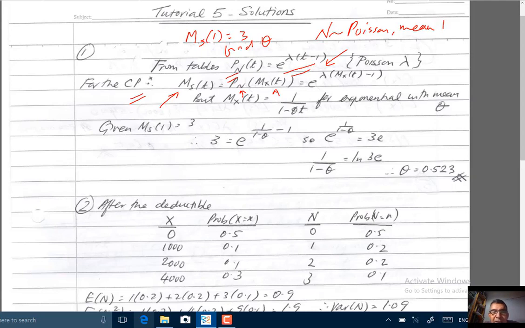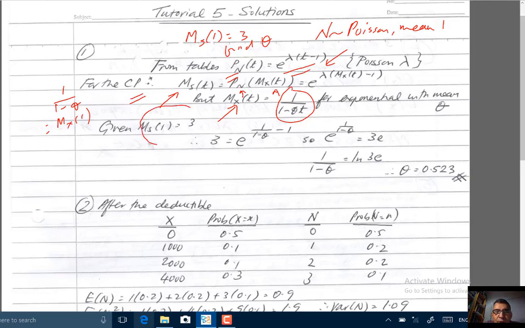But we are evaluating the MGF at t equals 1, so if you look up your tables, you will find the moment generating function for the exponential with mean theta. Because we are evaluating at t equals 1, this becomes 1 over 1 minus theta, which equals MX(1).